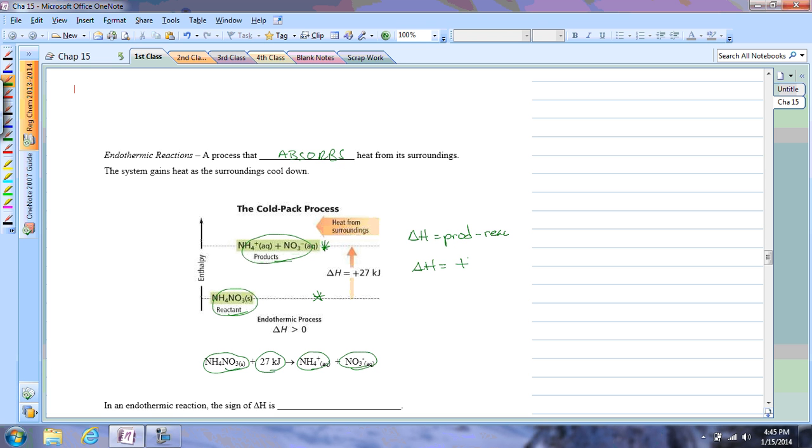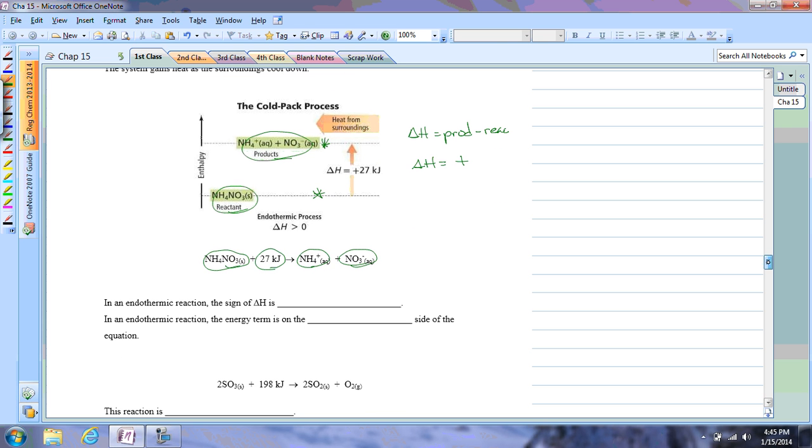So in an endothermic reaction, the sign for delta H is positive. In an endothermic reaction, the energy term is on the left side of the equation.